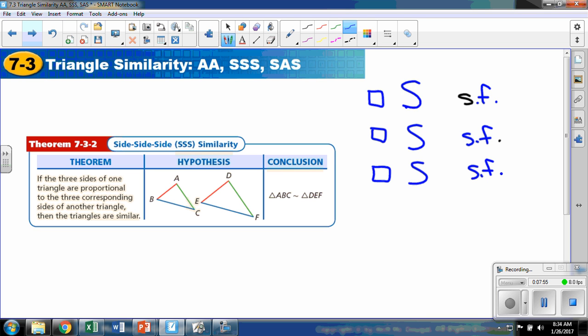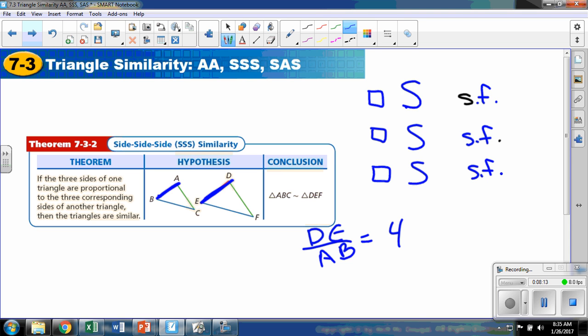So if we were to create a scale factor using ABE matching up with DE, and I'm just going to completely make up a number. What if we got a scale factor of 4 from that one?